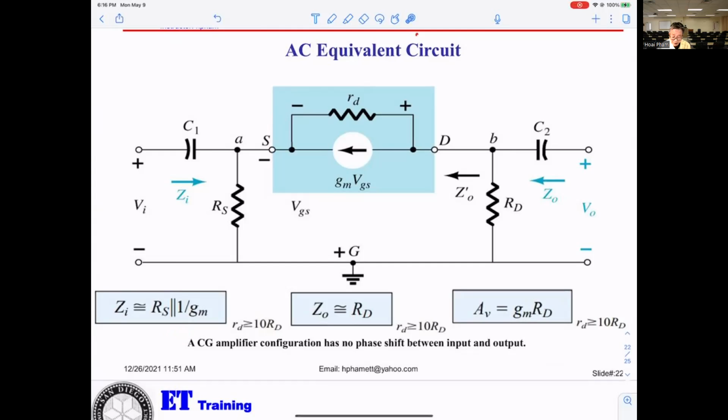Okay. Output impedance, this way, you get RD. And the gain will be equal to GM times RD. Common gate configuration has no phase shift between input and output.